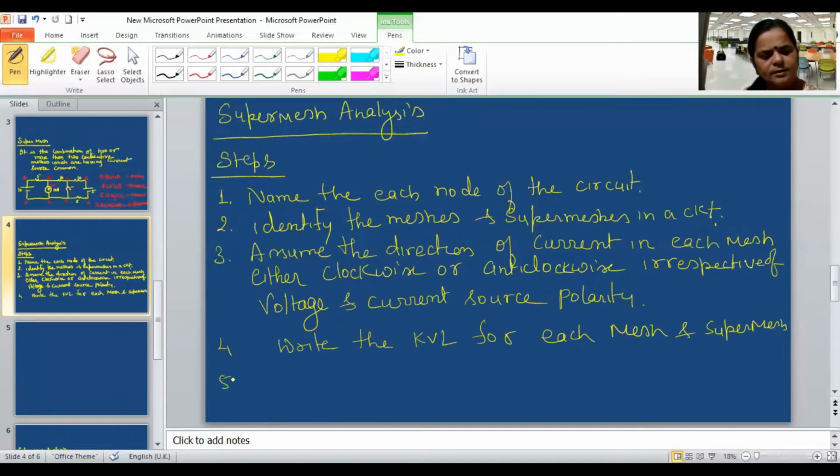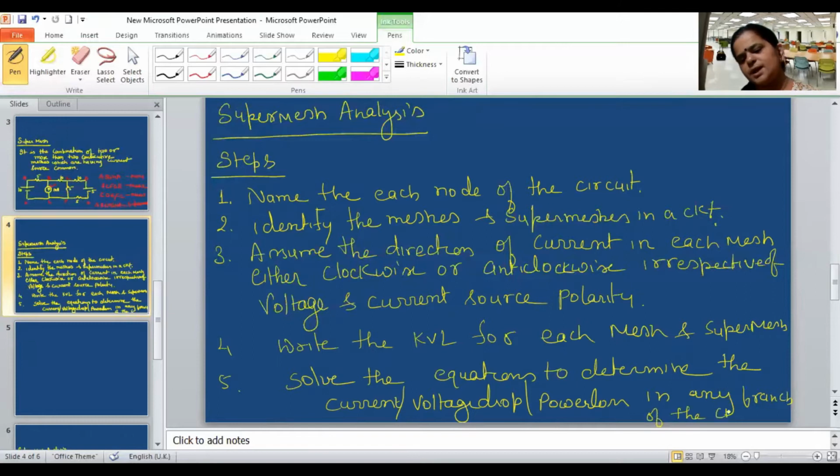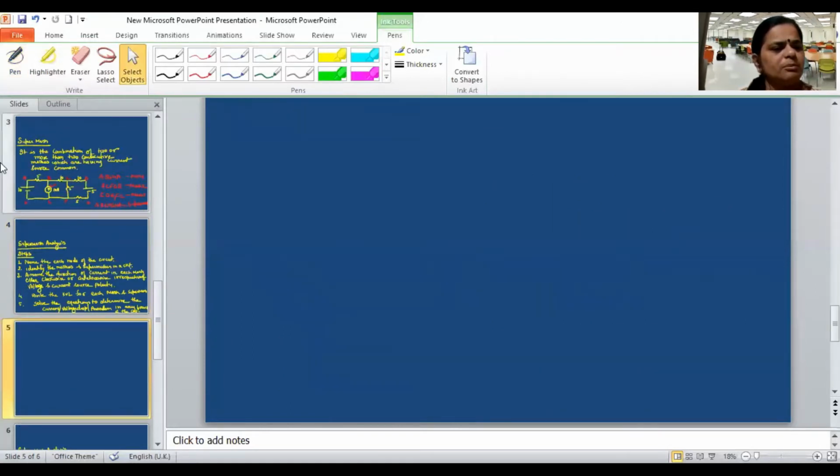Then solve the equations to determine the current or voltage drop or power loss in any branch of the circuit. Now let us solve one numerical so that it will be clear how to apply the supermesh analysis.